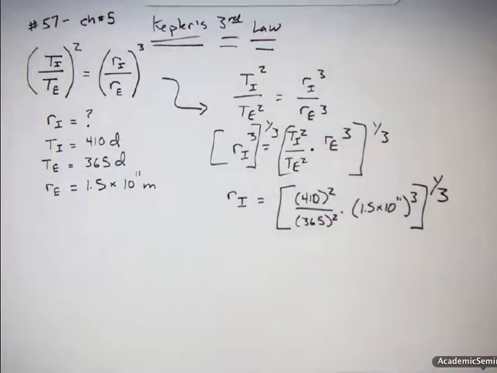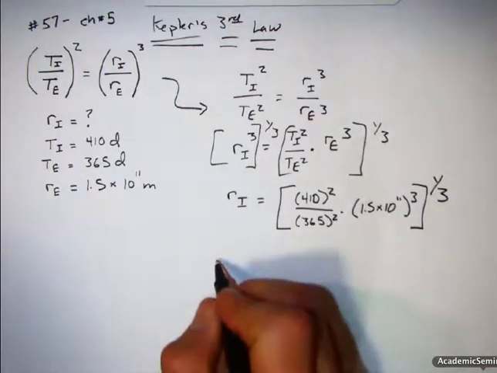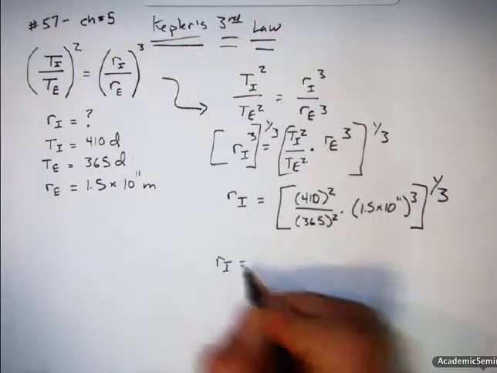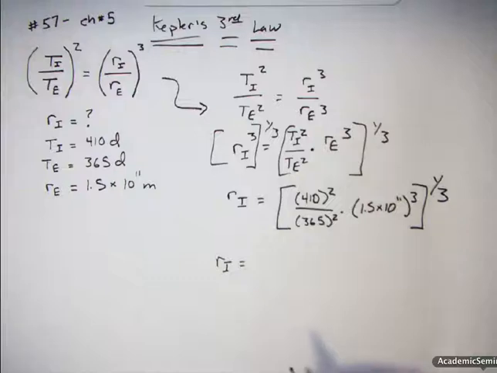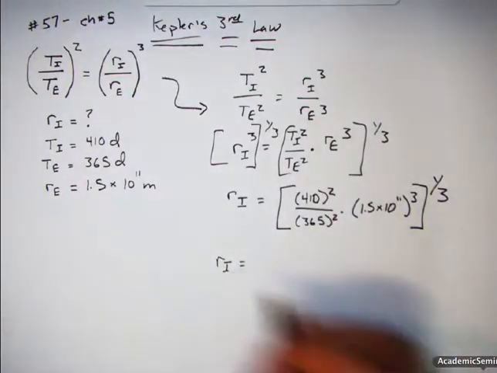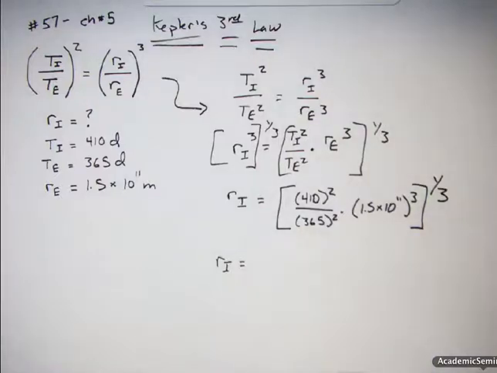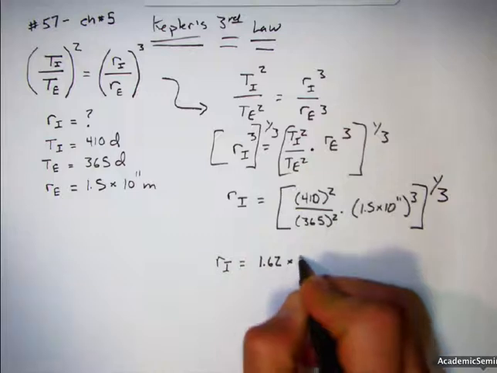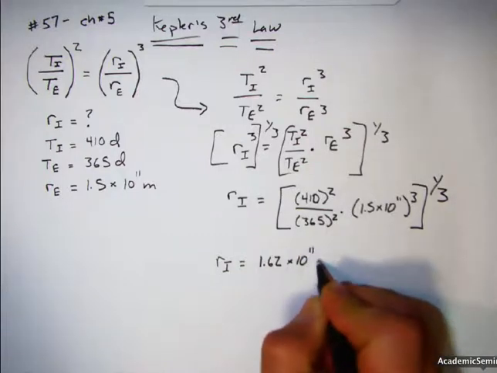Good thing we got our calculator along here. If I plug all of this in, making sure I got all my parentheses in the right spot, I get that R sub I is 1.62 times 10 to the 11th meters.